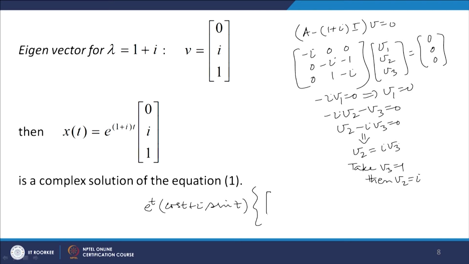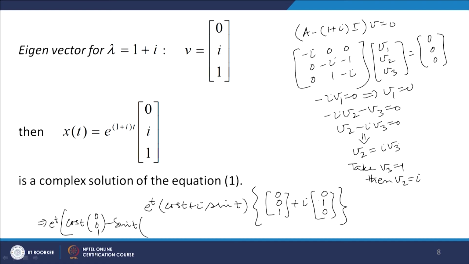So, we have 0 0 1 plus i times 0 1 0. 0 i 1 can be written with real part 0 0 1 plus i times imaginary part 0 1 0. So, when we multiply this, it will give us e to the power t times cos t into 0 0 1, then i squared is minus 1, so minus sin t into 0 1 0.